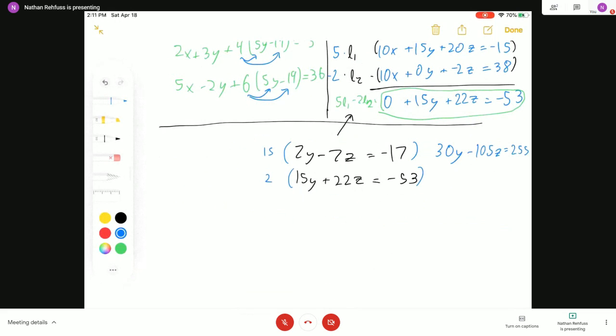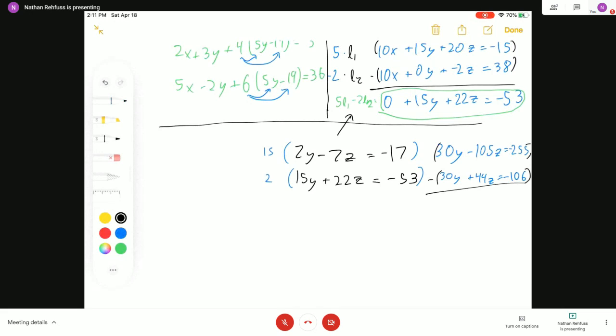Okay. Wow, big numbers. And in this second line, I've got 2 times 15y, once again 30y, so I'll subtract to make those disappear, plus 44z equals negative 106. And now we subtract, the y's go away.